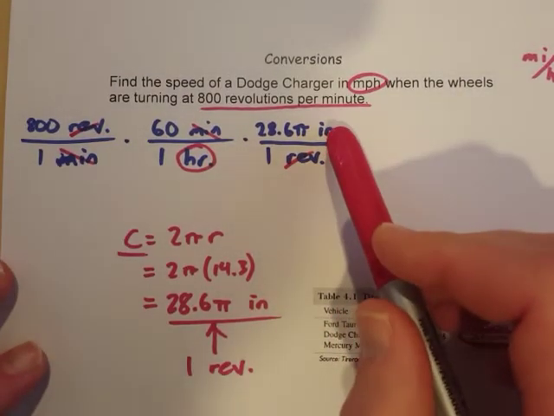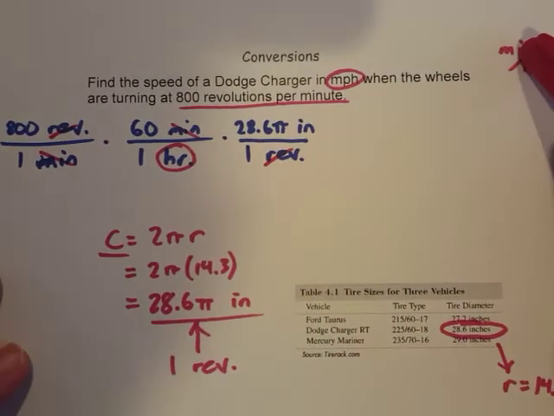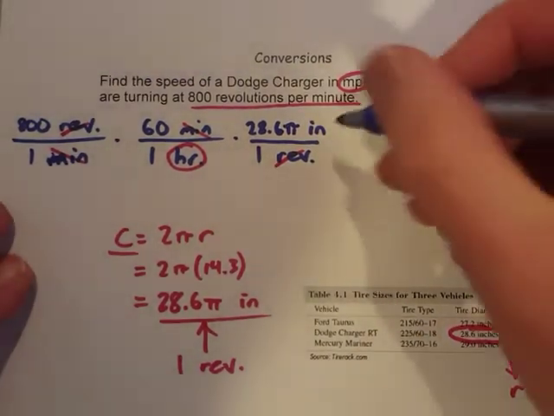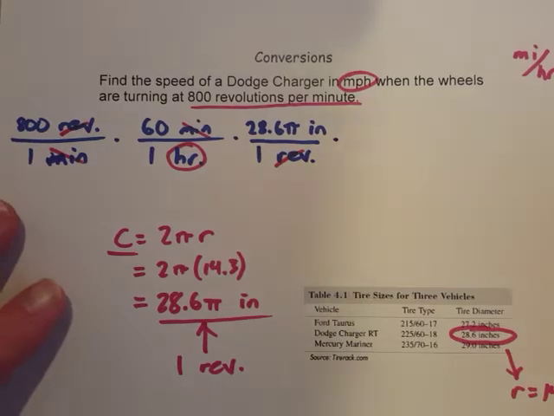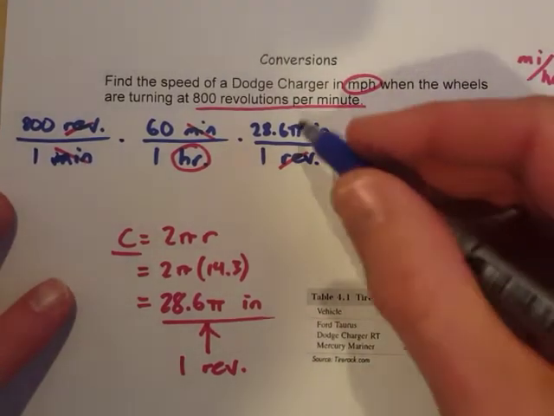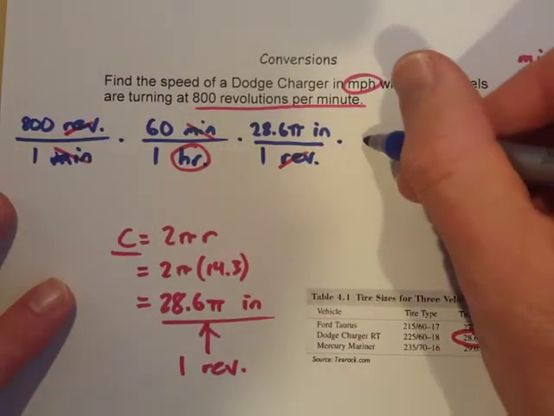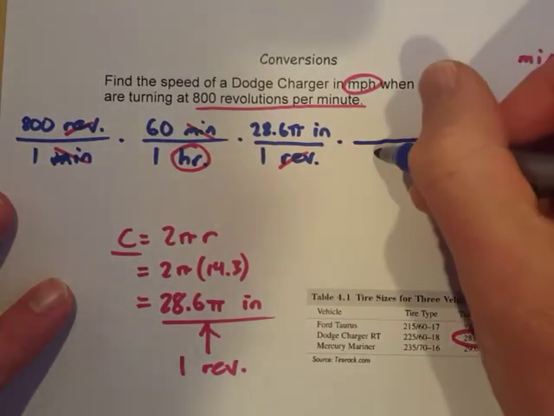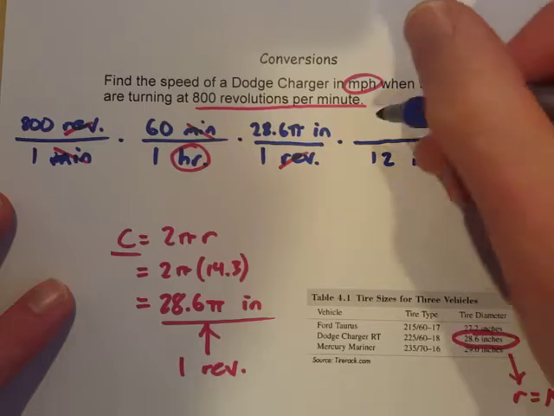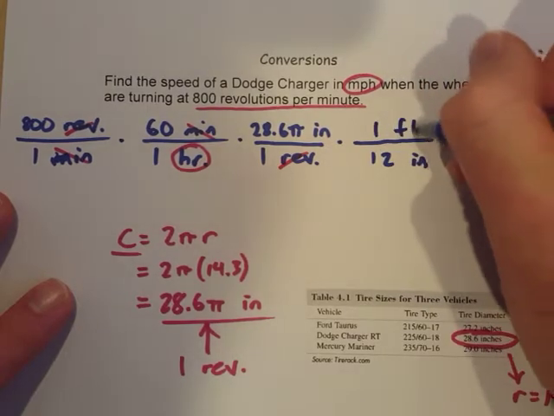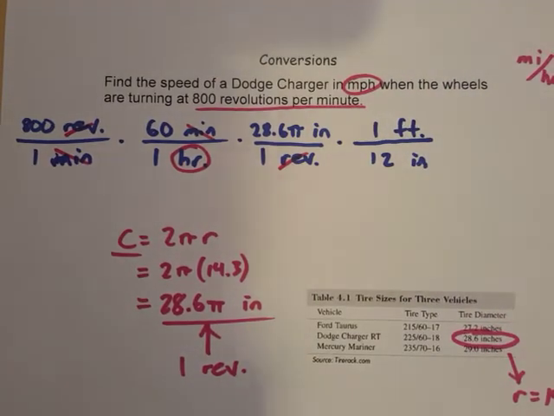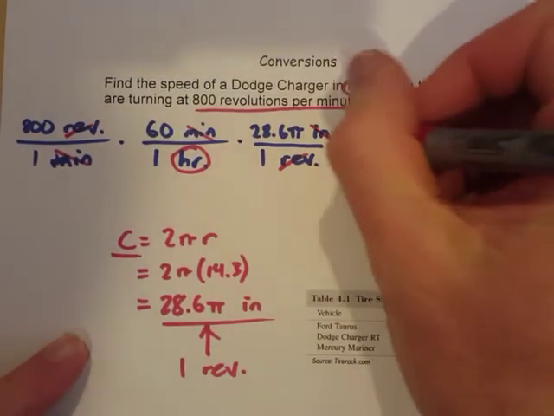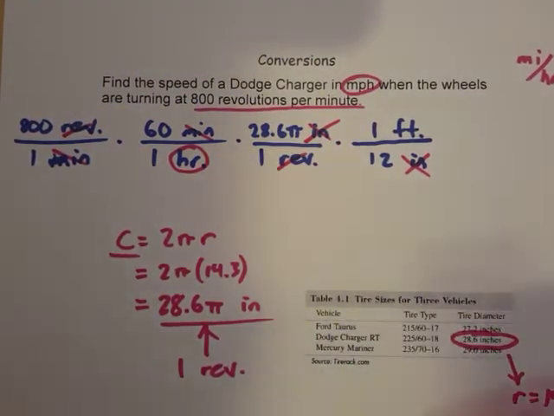Now I eventually need to change inches into miles. So I'm going to go through some of the same numbers from last time with the inches and feet and miles and all that sort of stuff. So I'm going to do the feet inches fraction at this point. I'm going to put inches in the bottom. So I know that there are 12 inches in 1 foot. Okay, so that means that inches can be crossed off.